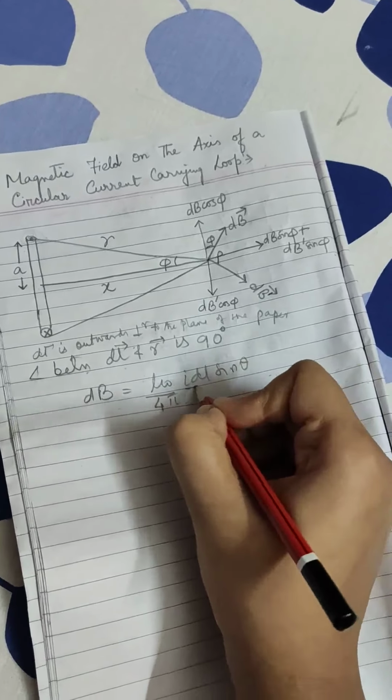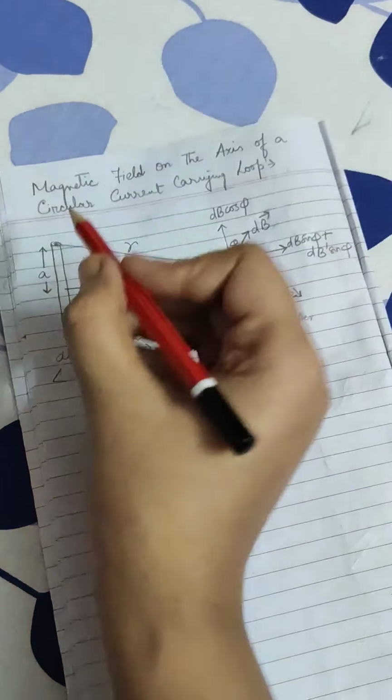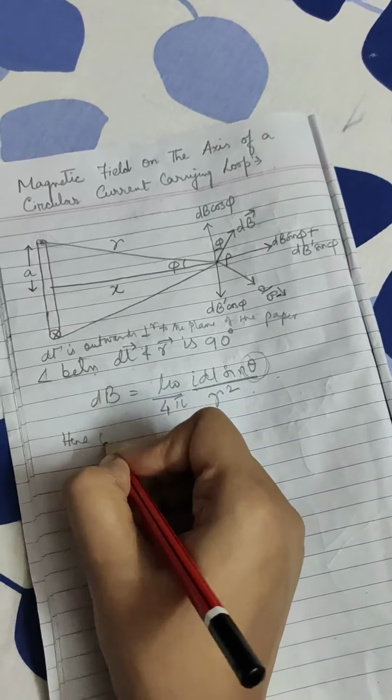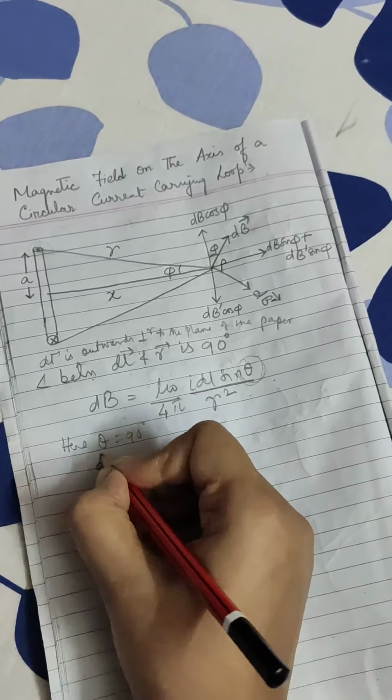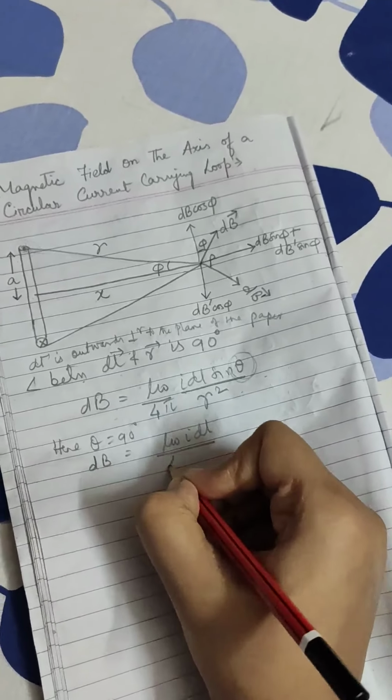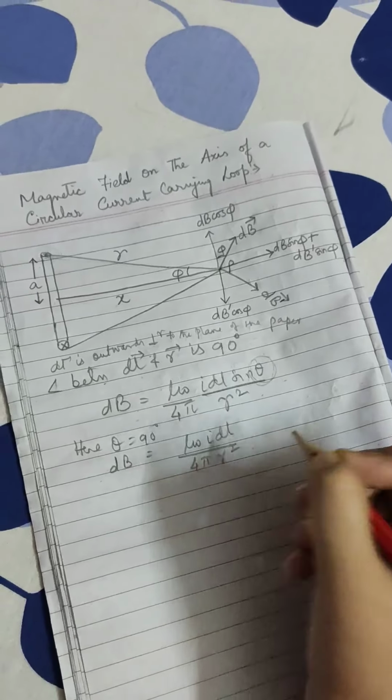Here theta is 90 degrees, the angle between dl, which is outward, and r. So dB equals mu naught I dl by 4 pi r square.